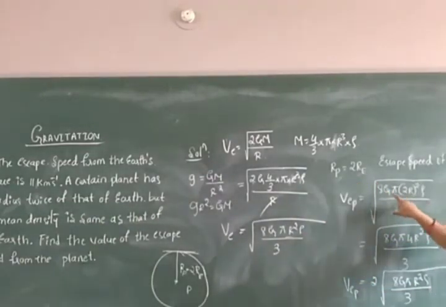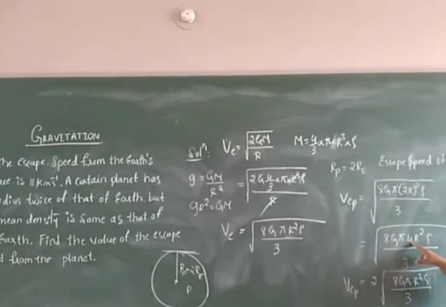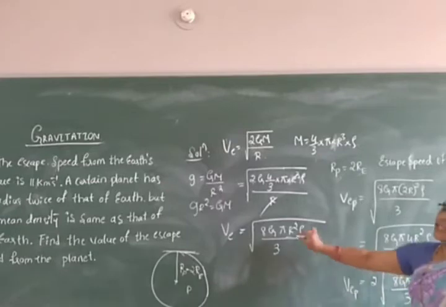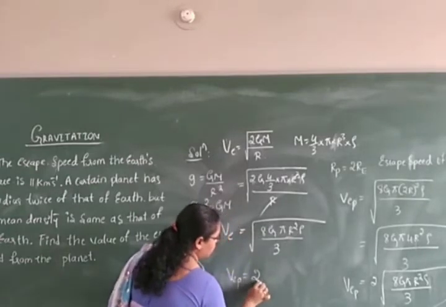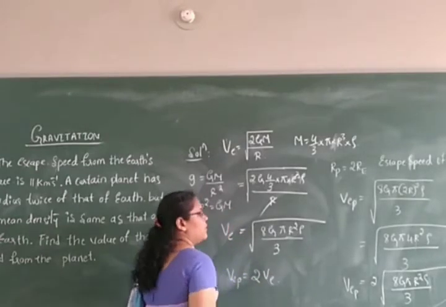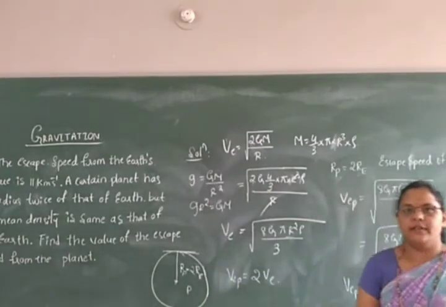So what will you get? 8G pi 2r square rho by 3. Then root of 8G pi 4r square rho by 3. Then take out the root 4 value, that is 2. Root of 8G pi r square rho by 3 times 2. So this form is nothing but the escape speed here. Now I will write it here: escape speed of the planet is equal to root 2 times the escape speed of the earth, right?